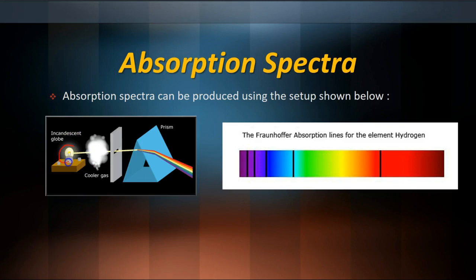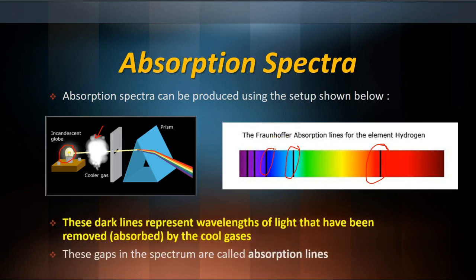First of all, you must have a fluorescent lamp. You pass its light through the gas, and then let the light pass through the prism. If you do so, you have the rainbow colors, but with a few dark lines. Why do you have the dark lines?